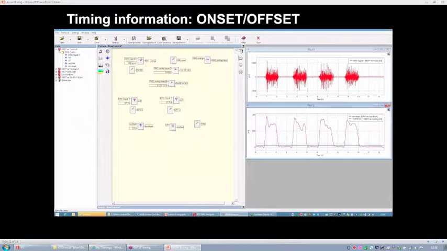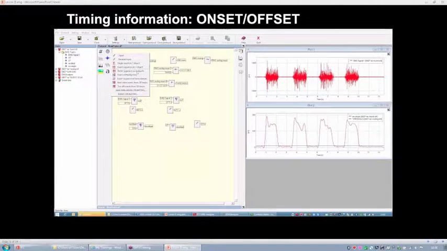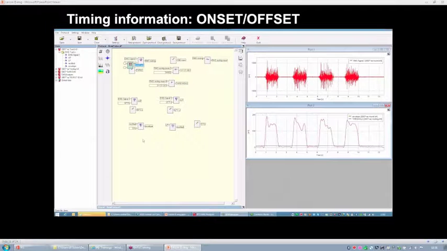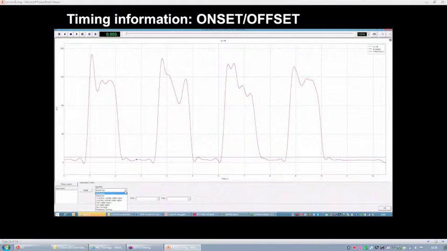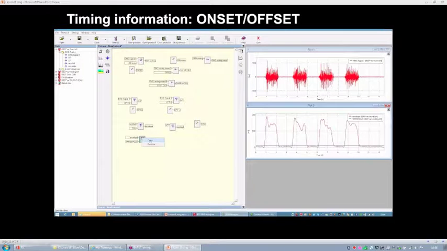So now we can identify the onset events by choosing this option. The first input will be the envelope and the second will be the threshold. And so now we can ask the EMG analyzer application to compute automatically the value where the EMG activity is up with respect to the reference.